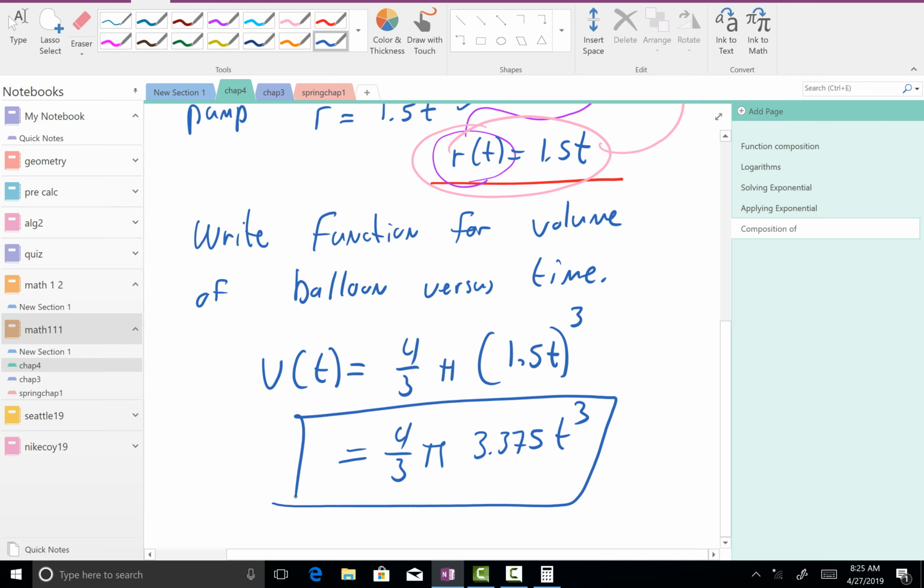Now we have a function with respect to t. If there's a certain amount of time that we need to restrict it to before the volume blows up, then we can find that. So that's the whole idea. We have two different functions, and we're taking one and putting it into the other.